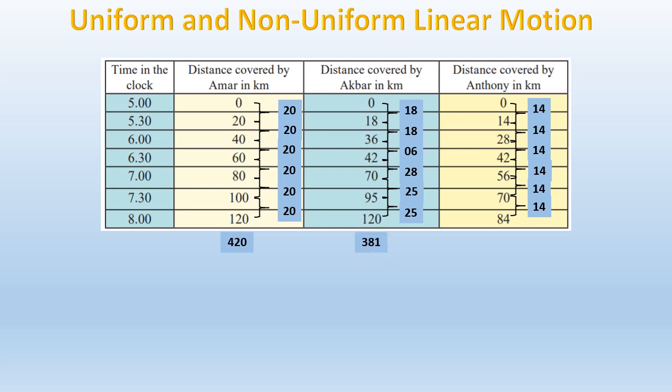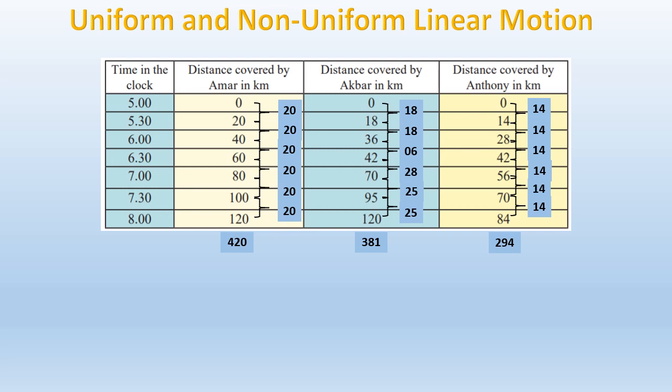Akbar has travelled 381 kilometers in the 3 hours. And Anthony has travelled 294 kilometers in these 3 hours. So Amar has covered the maximum distance in the given time period, while Anthony has covered the least distance.